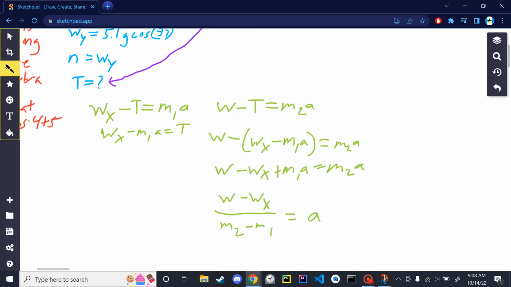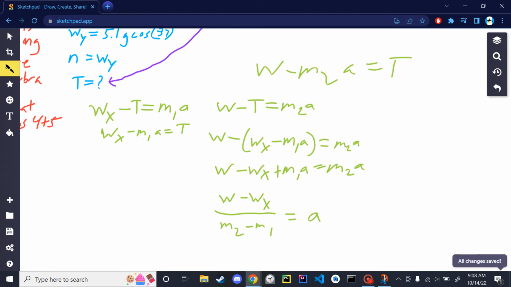So now that I know acceleration, I can just plug it into either one. So let's just go over here. Wx, actually this one is easier. So let's just do W minus m2a equals tension.